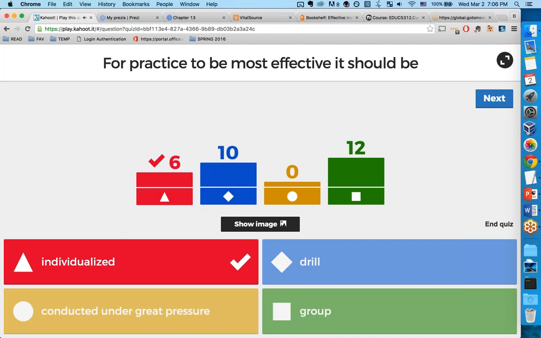All right, so a variety of answers here. Only 6 people said individualized. We do want practice to be individualized. So the correct answer was individualized.